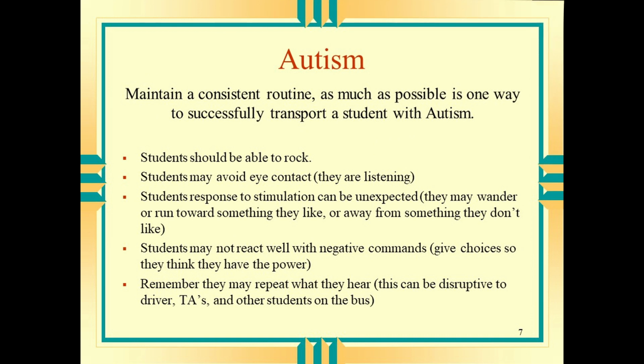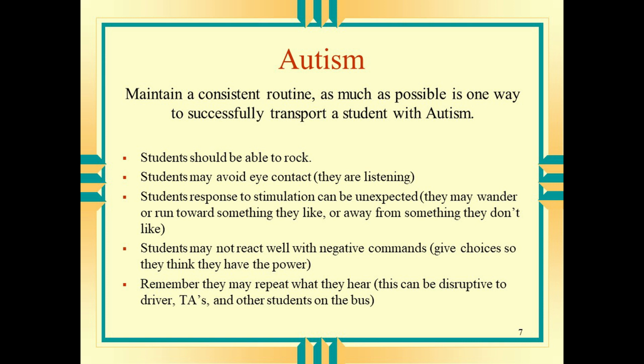What does this mean for a school bus driver transporting an autistic child? As a driver, you want to maintain a consistent routine as much as possible. This will help to successfully transport a student with autism.